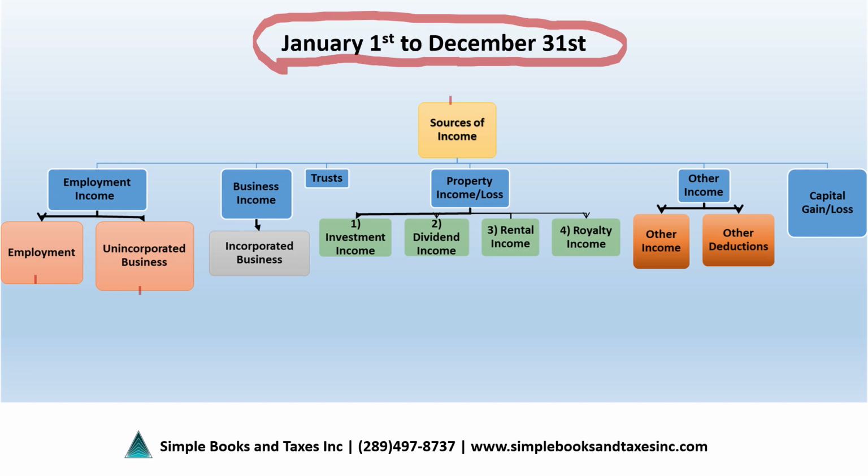A shareholder in an incorporated business, while the incorporated business itself will file T2, but the shareholder can receive salary, commission, dividends, management fees from the incorporated business. In this case, these sources of income will be entered under the shareholder T1.